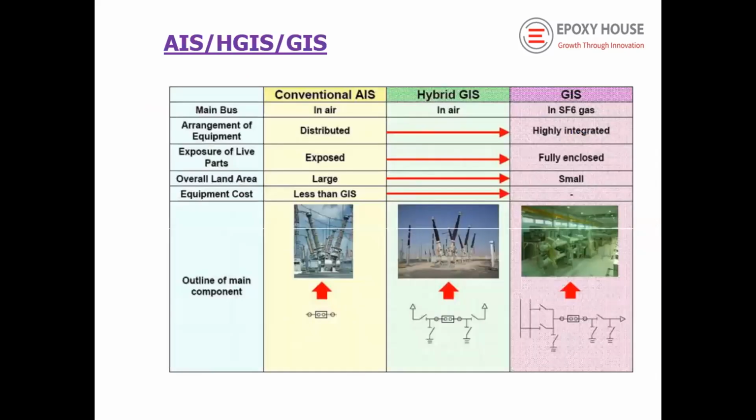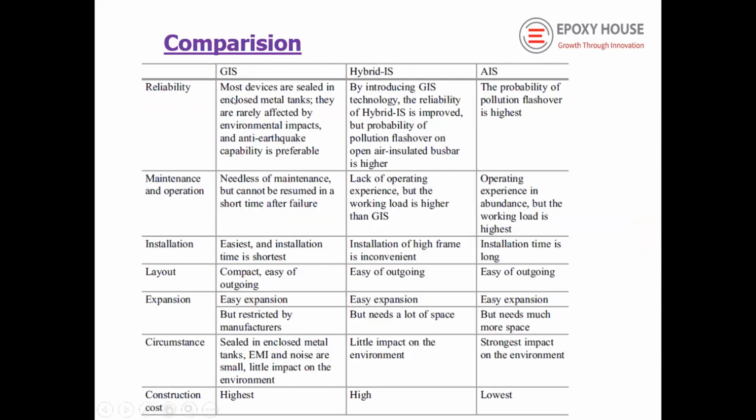The reliability is hampered. If I have to compare these three technologies, GIS, hybrid, and air insulated switchgear AIS, from the reliability point of view, GIS is most reliable. As I said, it is confined to a small area and fully controlled because the individual equipment is completely enclosed and pre-tested.